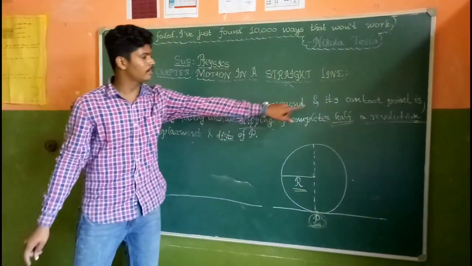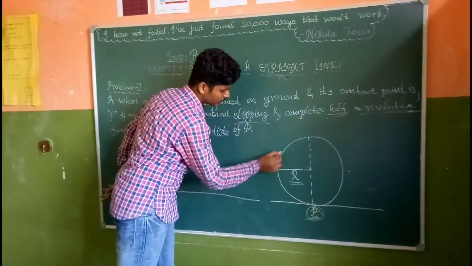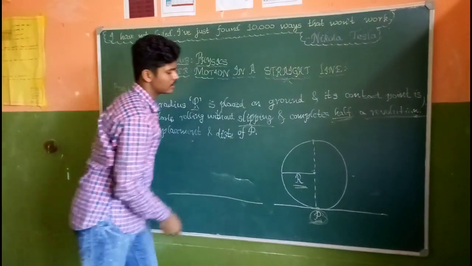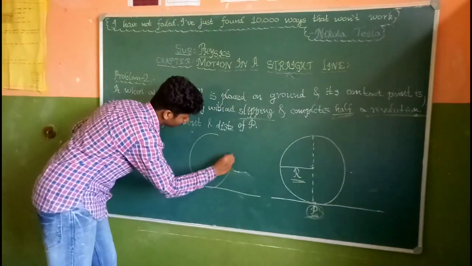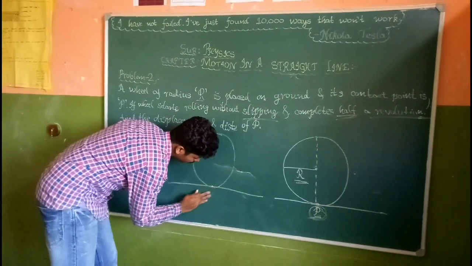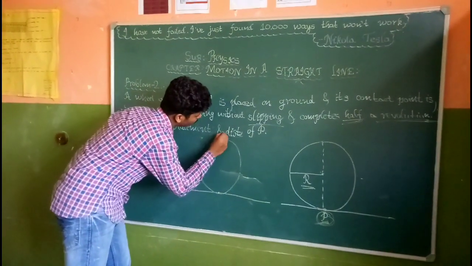When it covers half a revolution, this point P travels in this way and reaches the point here. This is point P, and now it is moving to here.